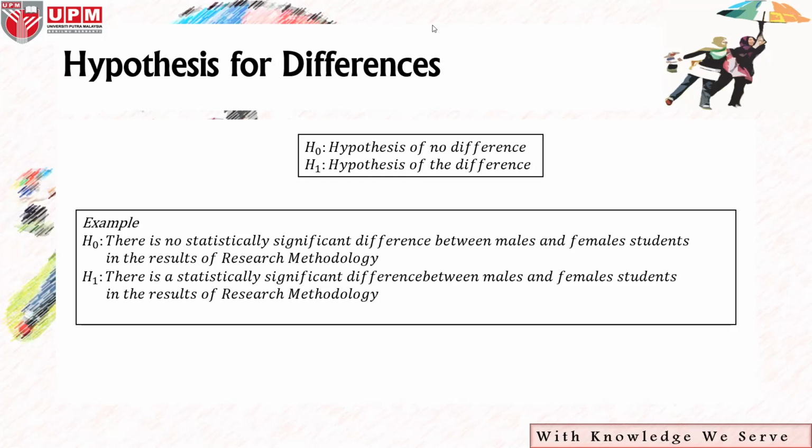So if you want to develop the hypothesis for differences, again, which hypothesis are we as researchers interested in? Null hypothesis or research hypothesis? Mana satu? Research hypothesis. As researchers, we are interested in proving the research hypothesis.